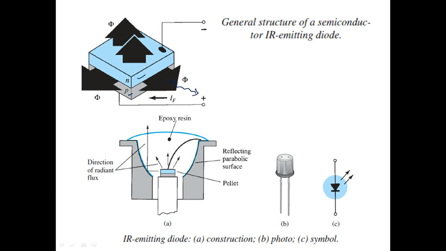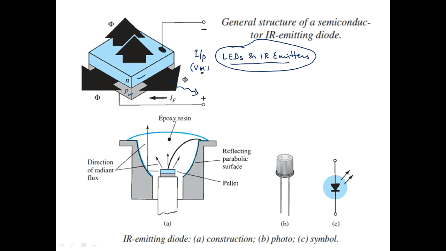You should be very careful when dealing with devices wherein either the input or the output parameter is light. In the case of LEDs and IR emitters, please understand that the input is either current or voltage, V or I, and the output is light.